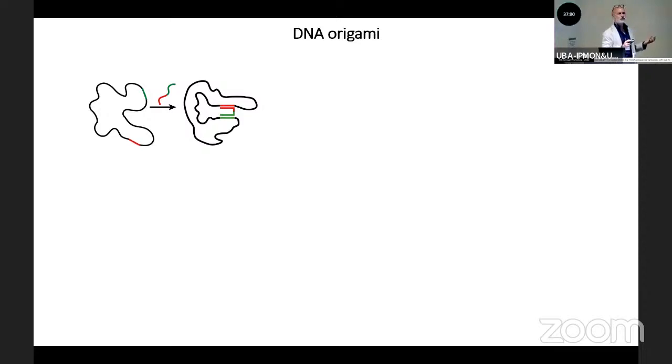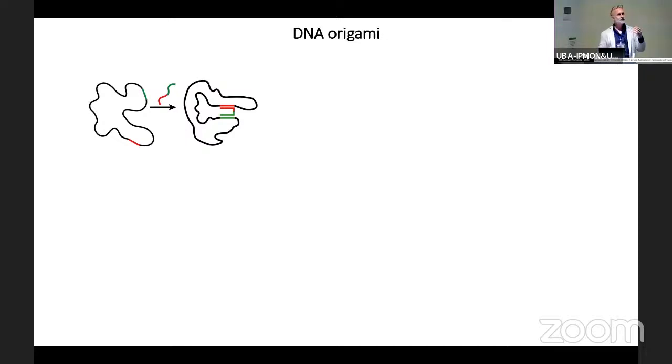Now imagine that you have a single-stranded DNA, and you know all the sequence of that DNA strand. And now you let it hybridize with a small single-stranded DNA chain, an oligonucleotide, that is half complementary here and half complementary in another part of that long single-stranded DNA sequence. If you let that react, it will hybridize and fold the DNA locally, somehow like this.